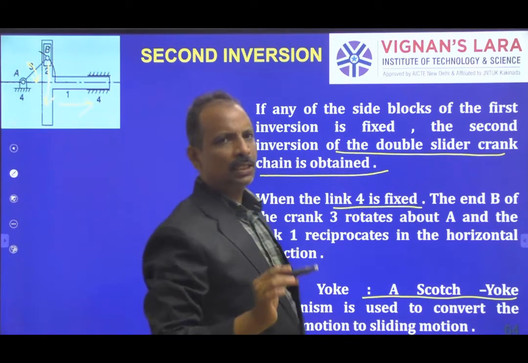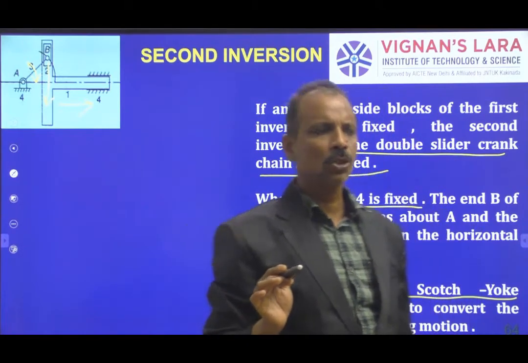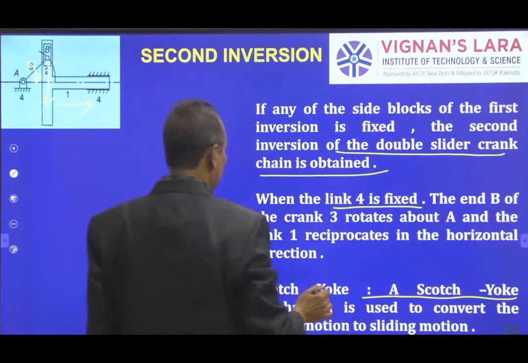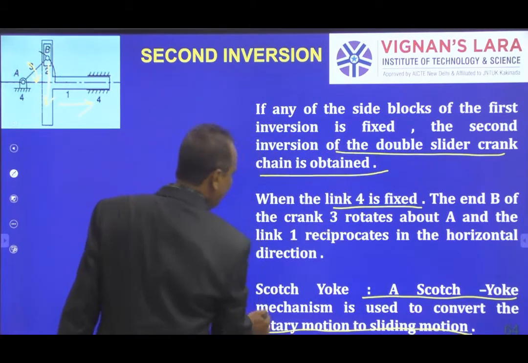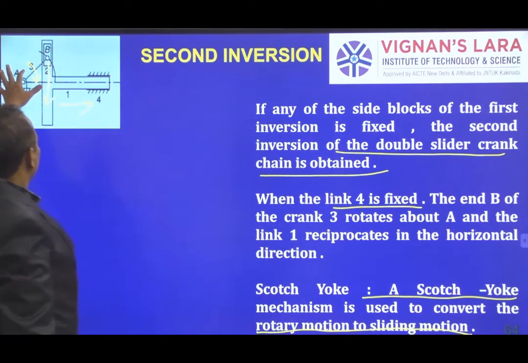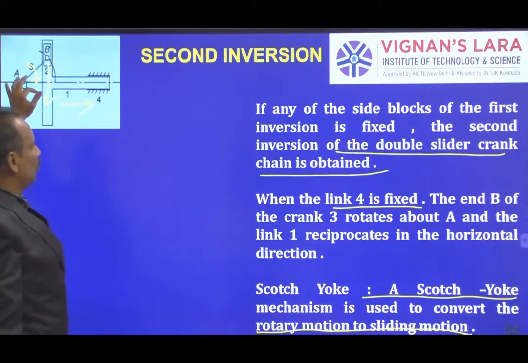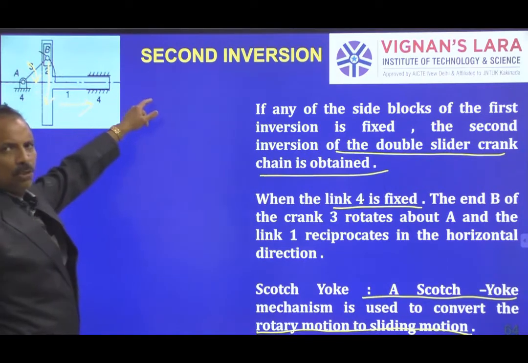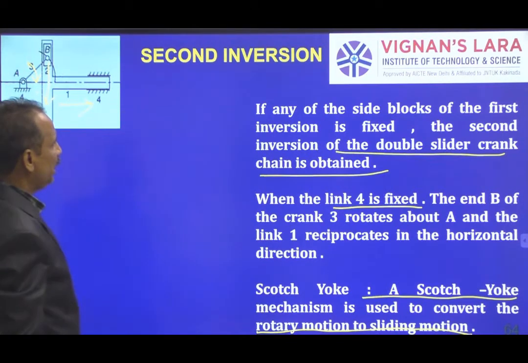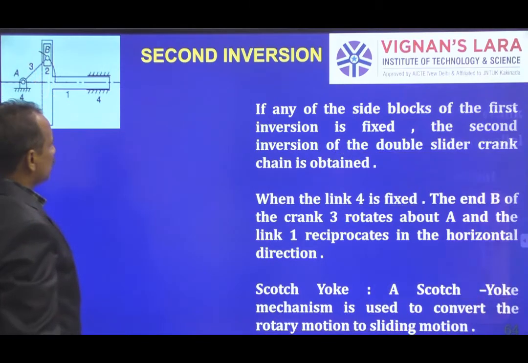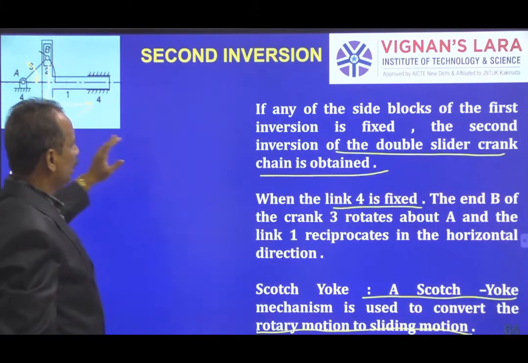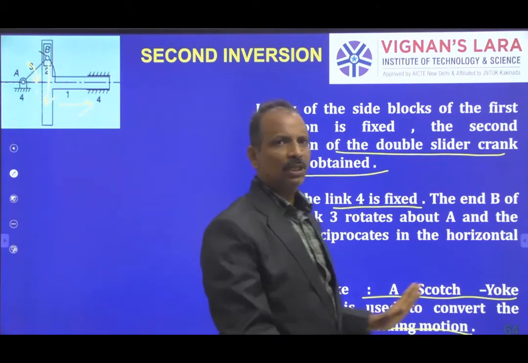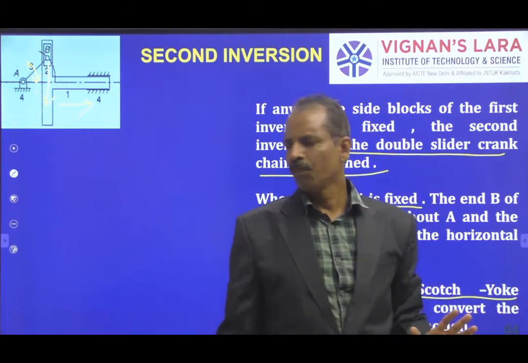So basically this Scotch Yoke mechanism is used to convert rotary motion into sliding motion. The input here is a rotary motion which is converted into sliding motion. So this is another simple mechanism where a rotary motion is converted to sliding motion.